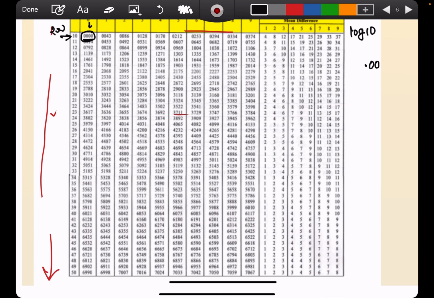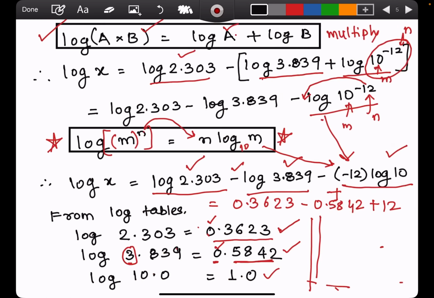And there are two places before the decimal. So 2 places before the decimal, minus 1 gives you the characteristic, which is 1. So the answer is log of 10 is 1.